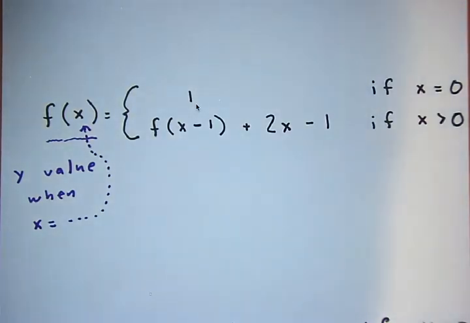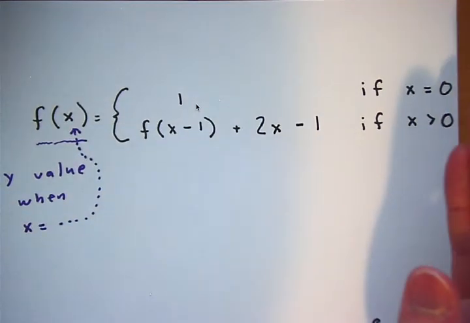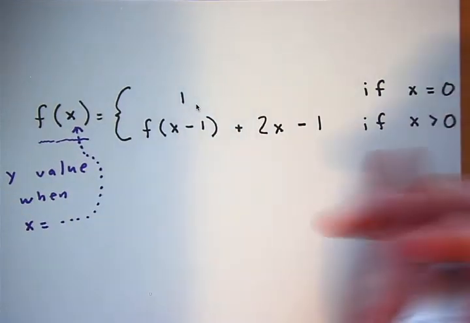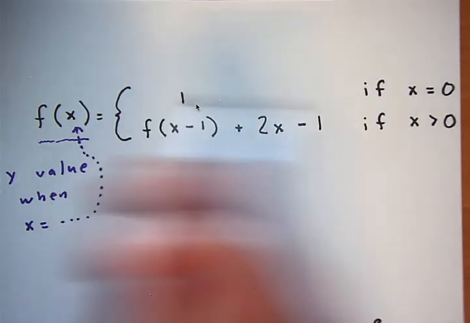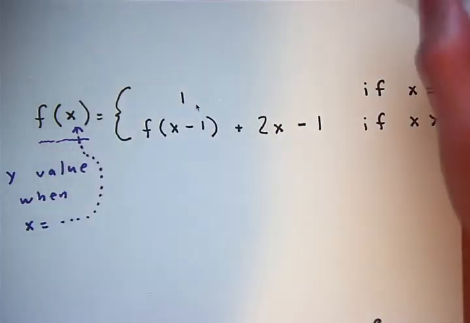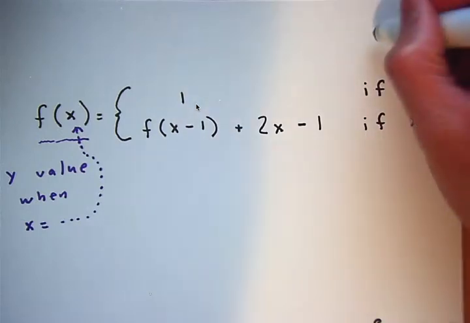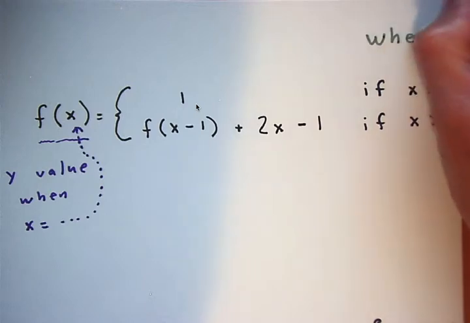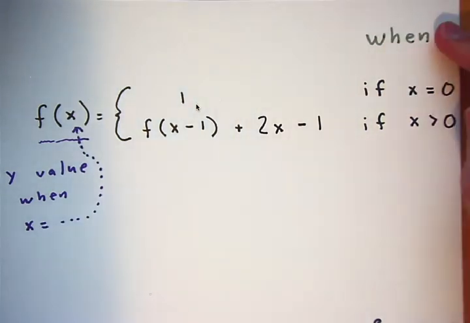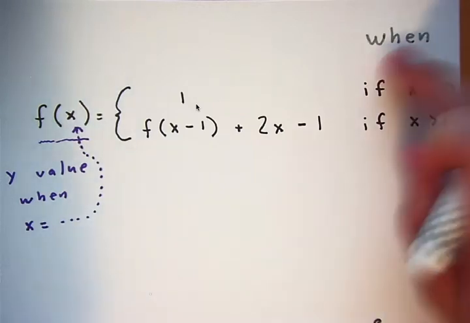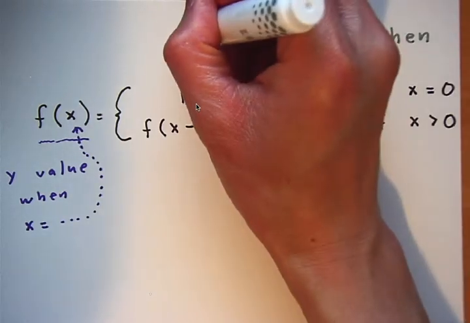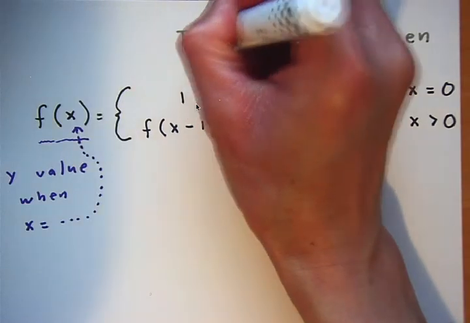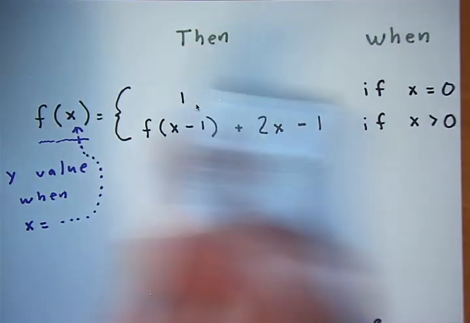Okay, now in terms of reading this, you can think of this as a right column and a sort of left column. So if you read this right to left, you can think of this as when x is equal to this, then your y is equal to this.